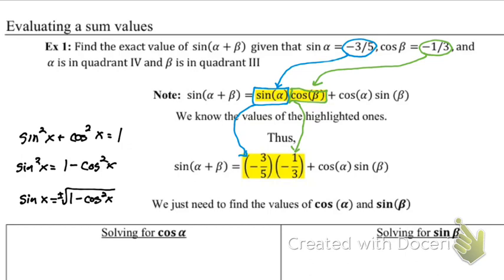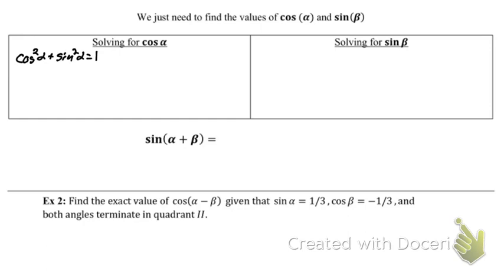So you could take this negative 3 over 5 and plug it in here. Instead, I'm going to shortcut this by saying this is the same thing as cosine alpha equals the square root, plus or minus, 1 minus sine squared alpha.